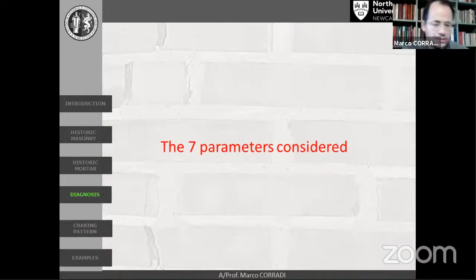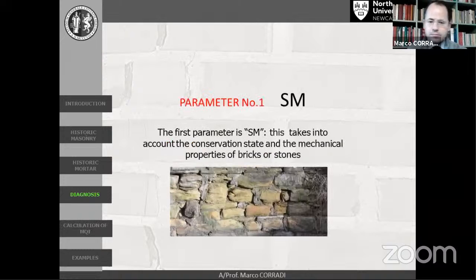These 7 parameters come from historic manuals, from the so-called rule of the art, starting from an ideal masonry, a perfect masonry according to the historic manual on how to make a perfect wall. These are the rules of the art, and then we consider if the rules of the art are met or not in the masonry under analysis. So the first parameter is the conservation state.